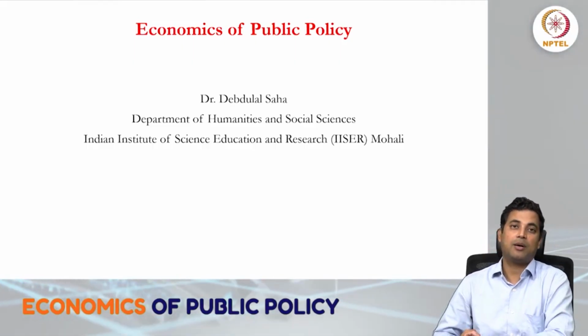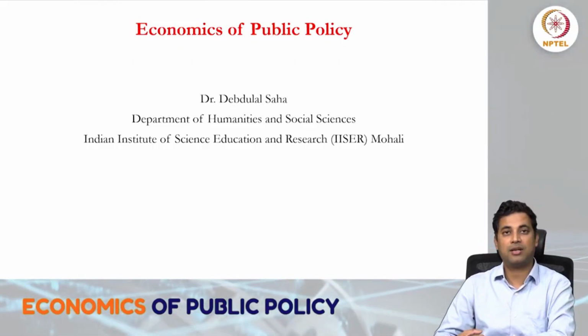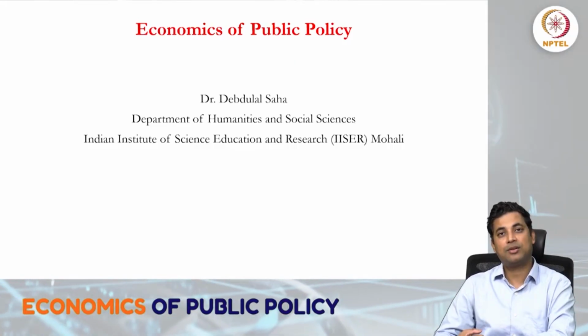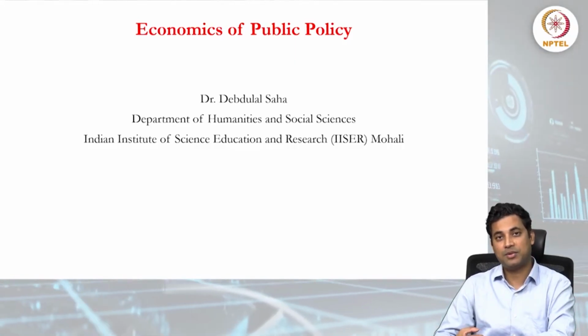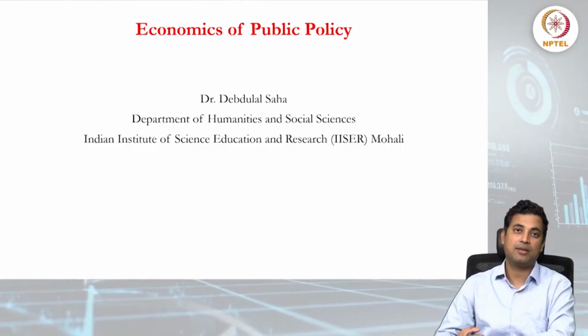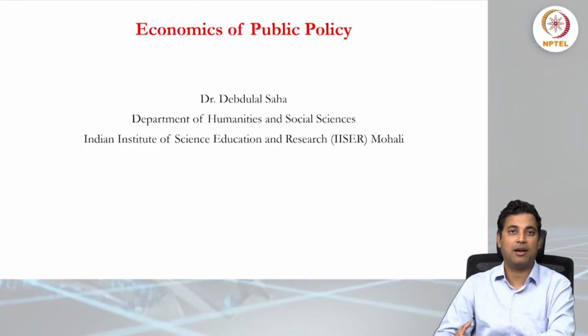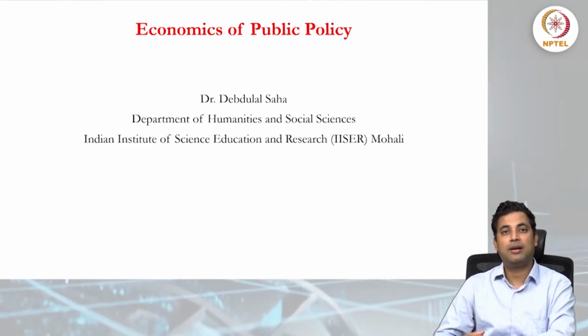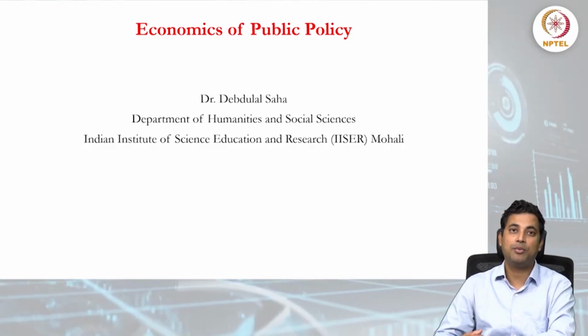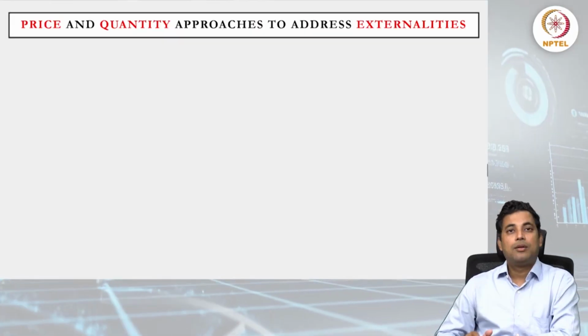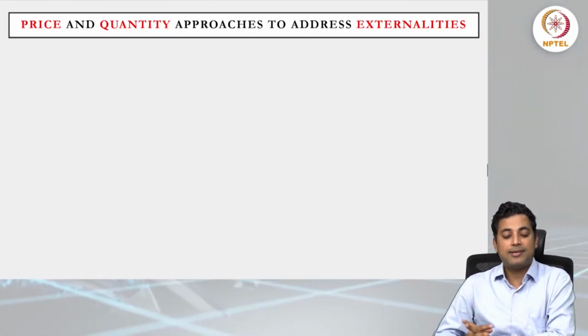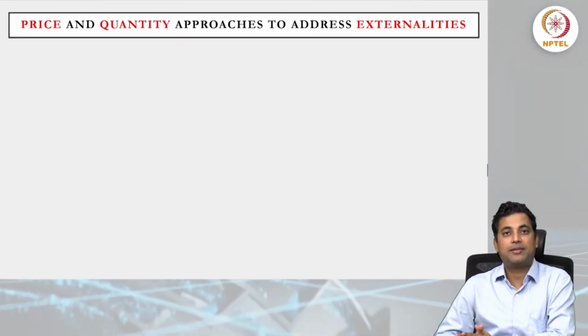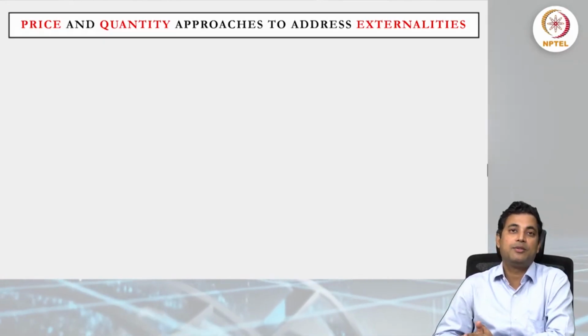And in case of positive production externalities, with the help of subsidy, the government or public sector solution can manage it, and thereby the economy as a whole can achieve the optimum level of output and the price.